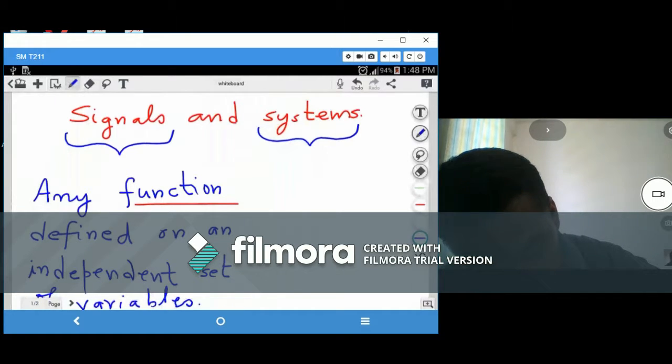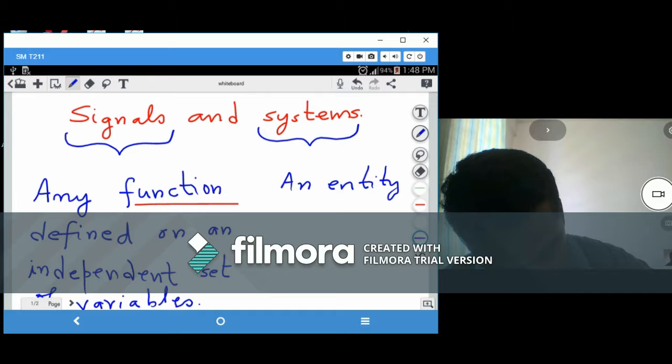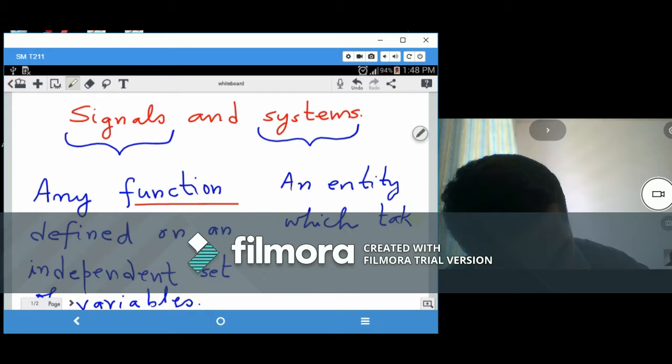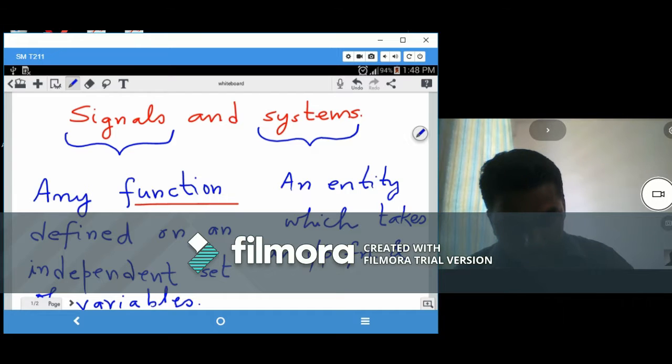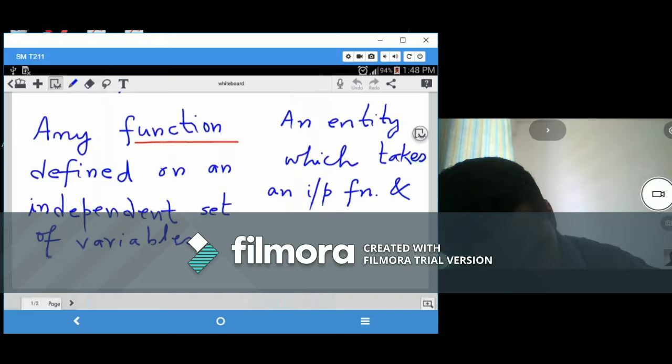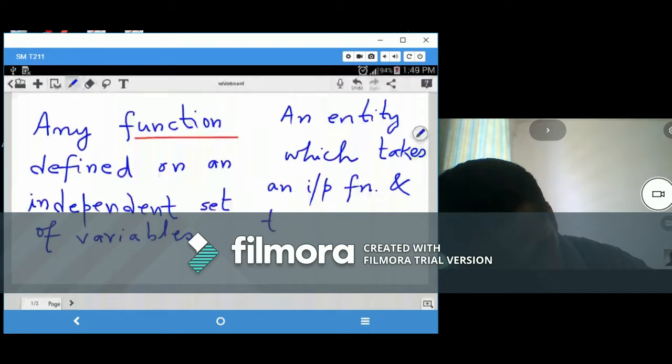So let us call it an entity, which takes an input function and transforms, let's use this word, transforms it into an output function.